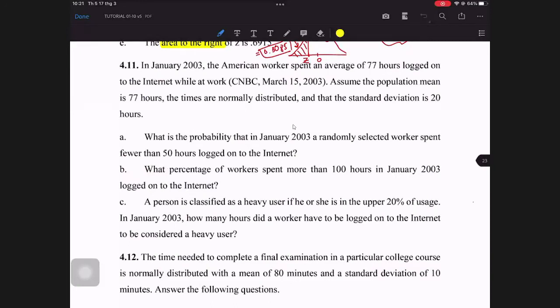We have the population mean and the population standard deviation. Whenever we have this kind of question, I suggest that you write out the information in notation. For example, the population mean here is mu, so it is equal to 77. The standard deviation here is sigma, so it's equal to 20.